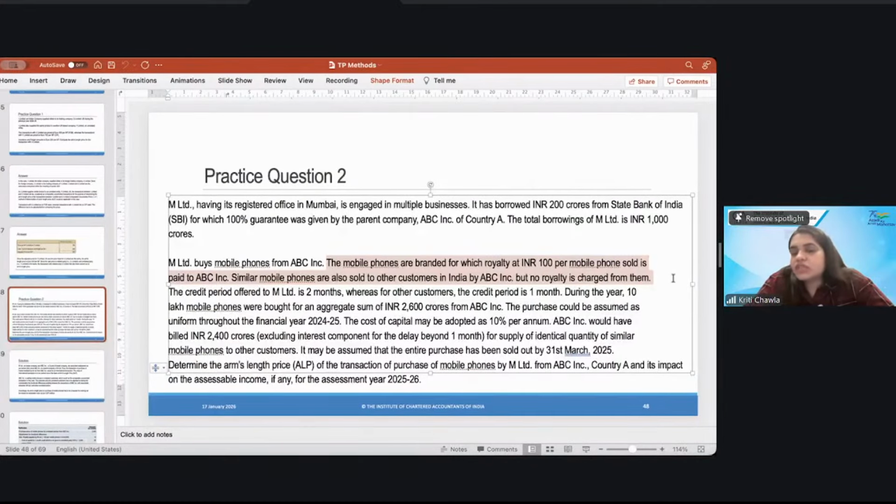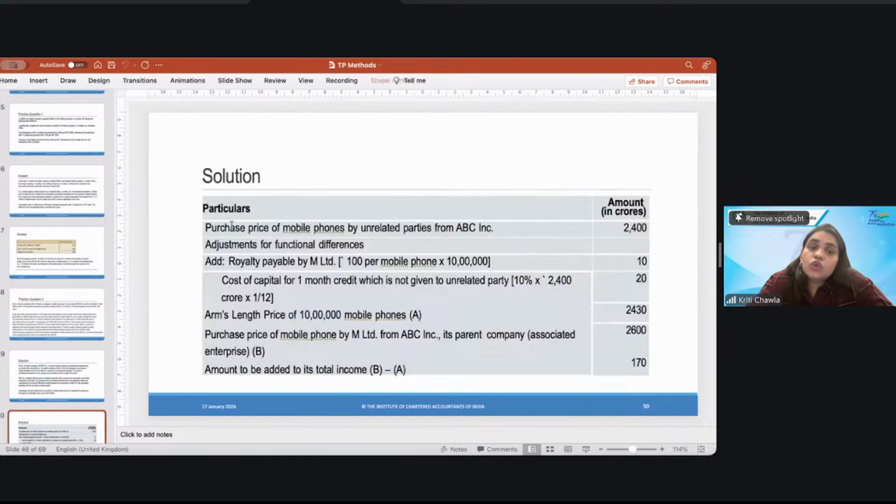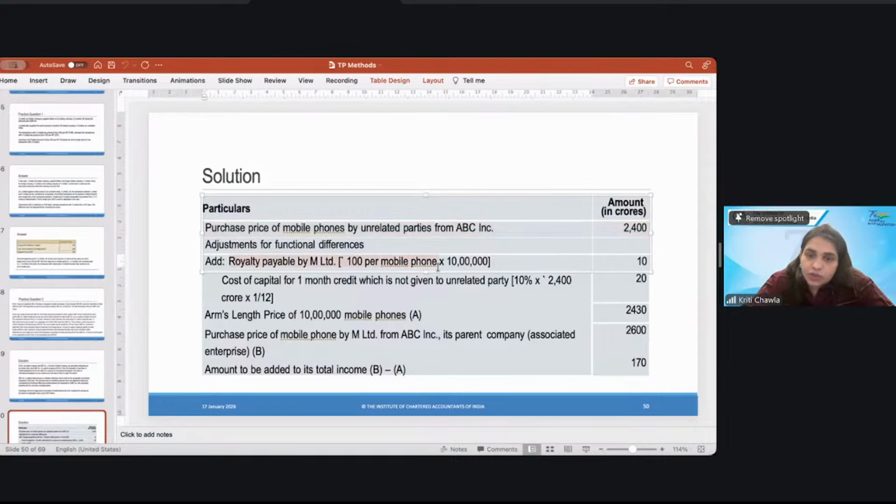Similar mobile phones are sold to others, but no royalty is charged. So there is no royalty in an unrelated party situation, but in a related party situation, there is royalty. So you'll add the royalty in this situation also.